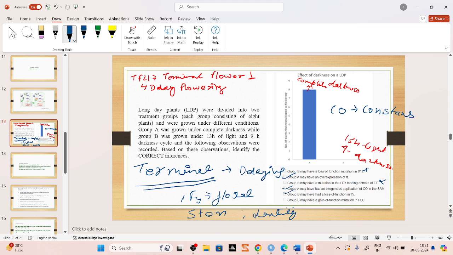Okay. Then group B may have a gain of function mutation in the FLC gene. What is FLC? It is the flowering locus C. Now, what is the function of the FLC gene? There's no space, so I can write here.